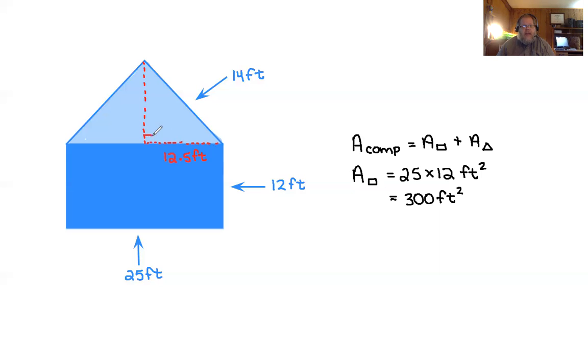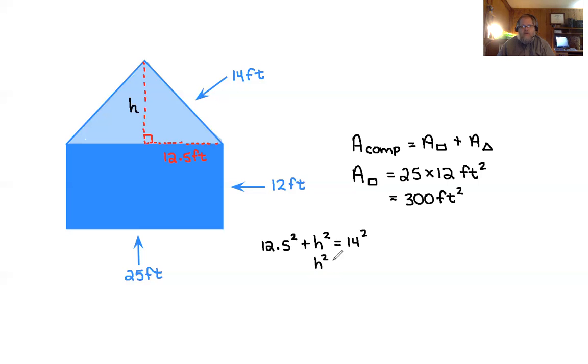So now I have a right triangle, which means I'm going to use the Pythagorean theorem to figure out the unknown dimension, the height, the altitude. Once I have the altitude, it's 1/2 the altitude times the base. So let's do this. So I know that 12.5 squared plus h squared equals 14 squared.